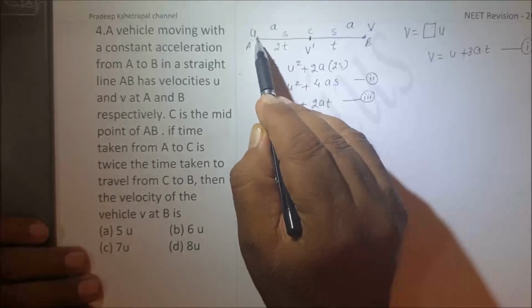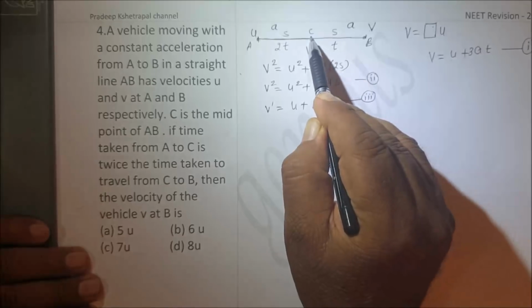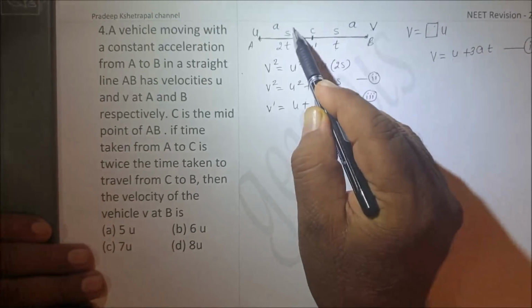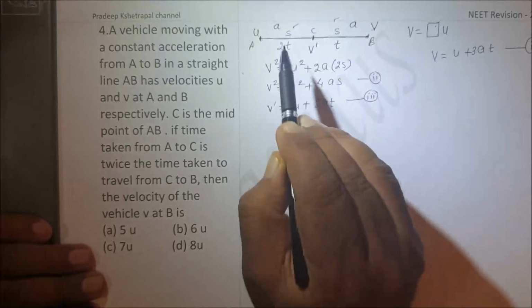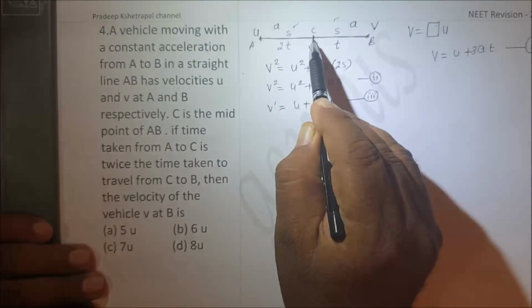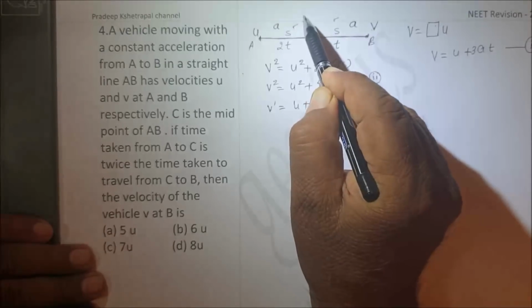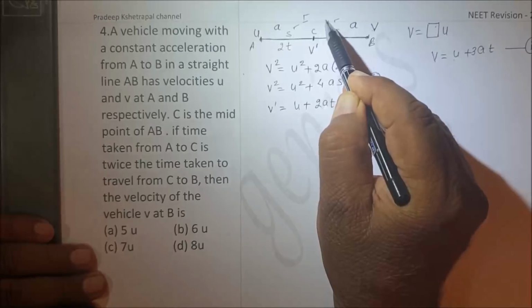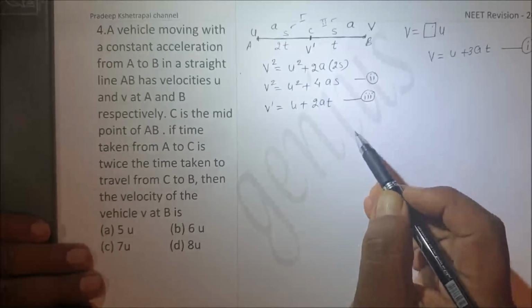Here, what is the same thing in this and in this portion? The answer is the same thing is s. Let us find s for the first portion, and let's find s for the second portion, and these two s will be equal.